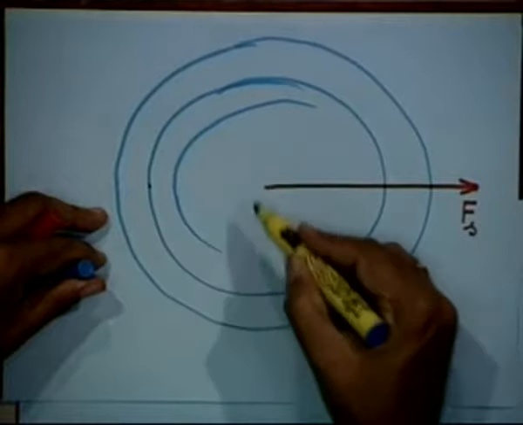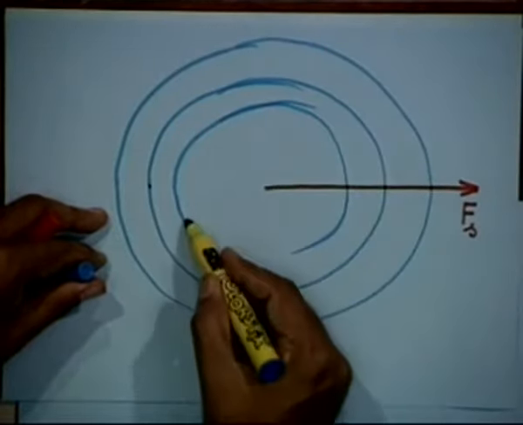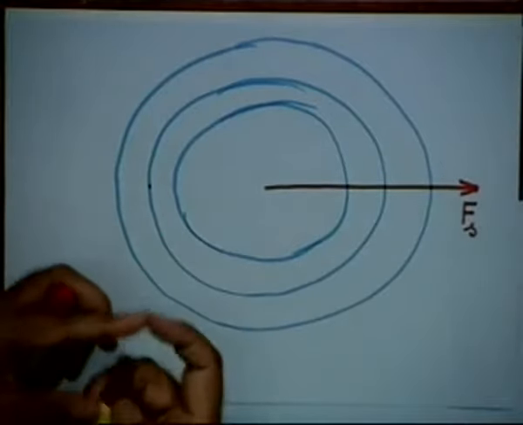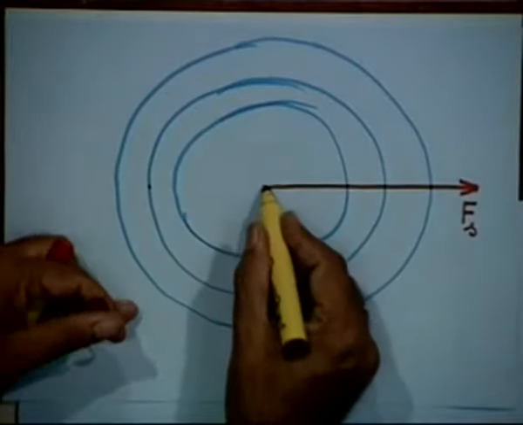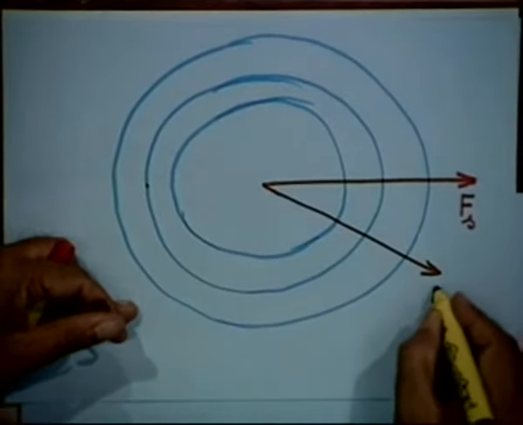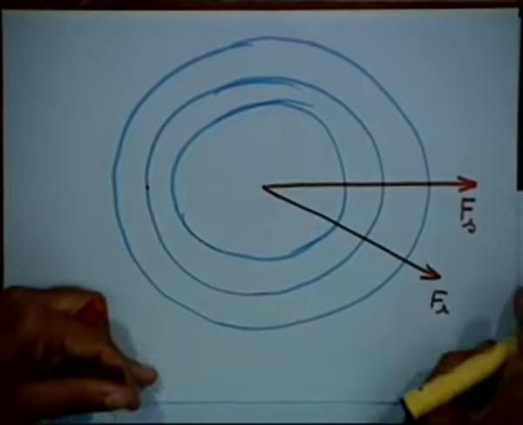So we can say that if you excite the rotor, let us draw the rotor something like this, and you excite the rotor, and it will give rise to some other MMF Fr.